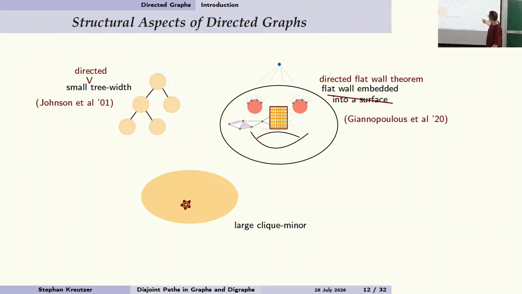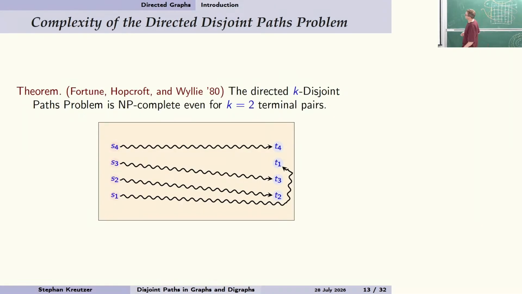Okay. So at least we have some ingredients of the undirected setting, but it doesn't work so well, because in 1980, Fortune et al. proved that the directed disjoint paths problem is NP-complete even if all you want to do is connect 2 terminal pairs. So we don't even need 4, just 2 pairs is enough. One pair is obviously trivial, it's just reachability, but 2 is the first non-trivial one, and it's already NP-complete.